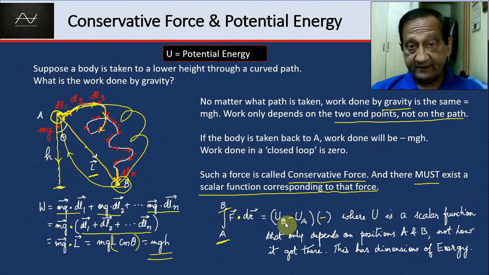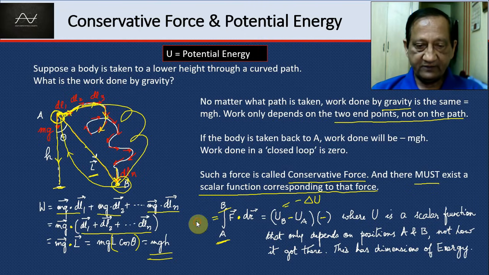Ub is the final value of the potential energy, Ua is the initial. Ub minus Ua is the change, so with a minus sign this is equal to minus the change in the potential energy, and this is the work done by gravity. Let me call it Wc, conservative.